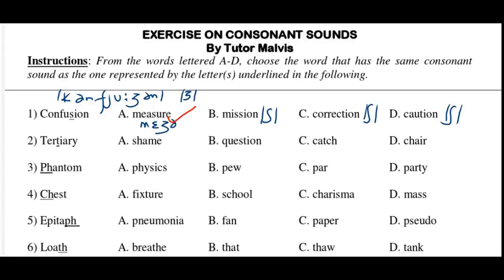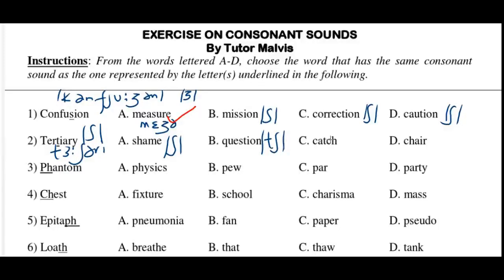Tertiary. The underlined sound is sh. So we need to fish out sh from options A to D. We have A, shame, that's sh. B, question, that's sh.